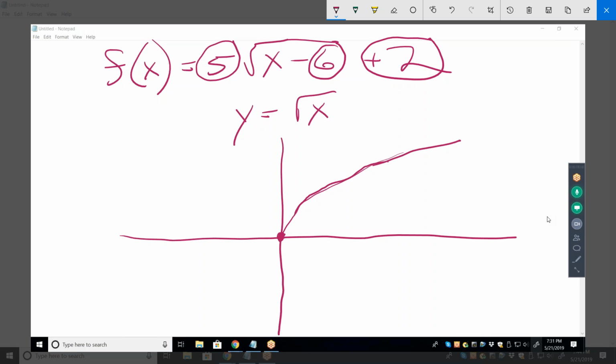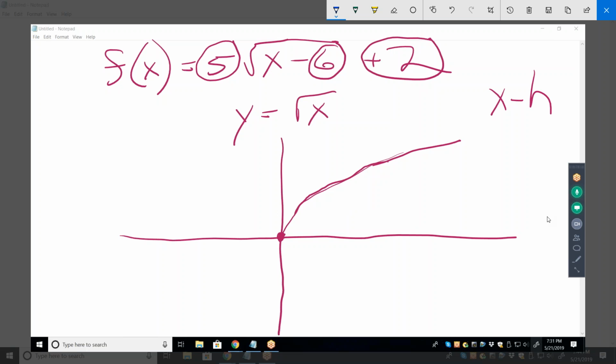Okay? So first of all, this is inside the radical sign. That makes it horizontal. It's being subtracted. That makes it a shift by 6 units. But the standard is always x minus h. So it's 6 units to the right. Okay.